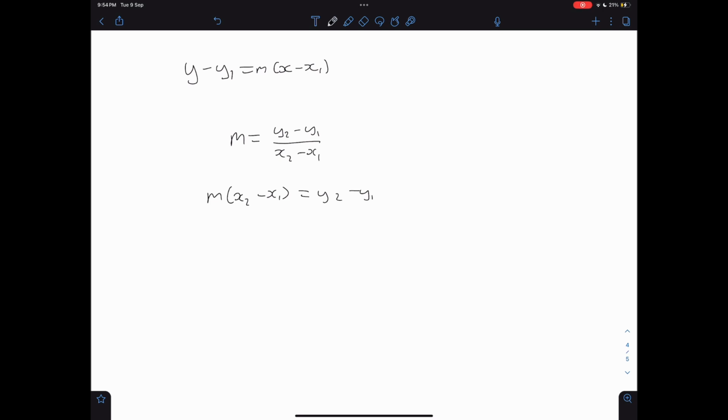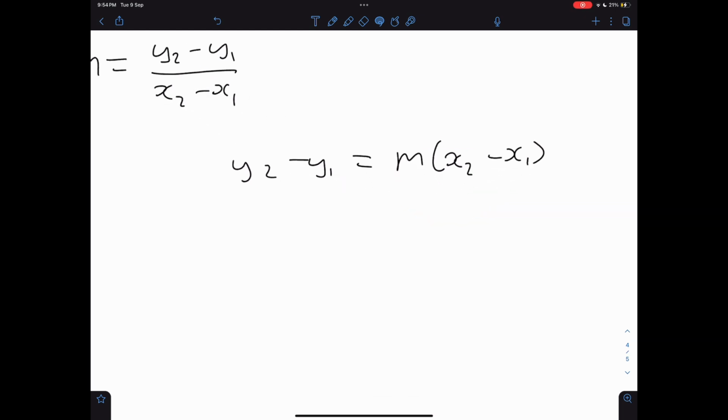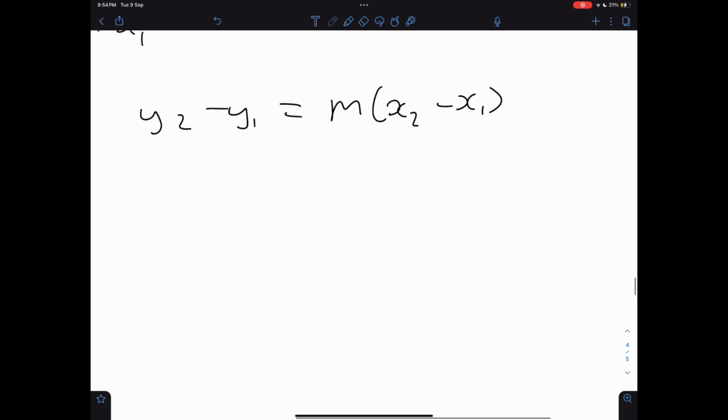And now, basically what this is saying is we can use this as a way of describing a straight line, because when we describe a straight line, you keep at least the y and the x as unknowns, as variables. So all you need to know is one point.